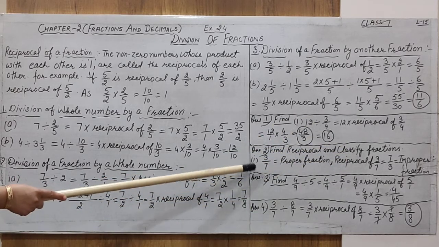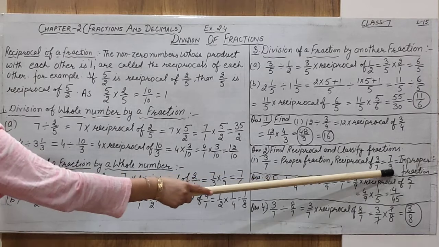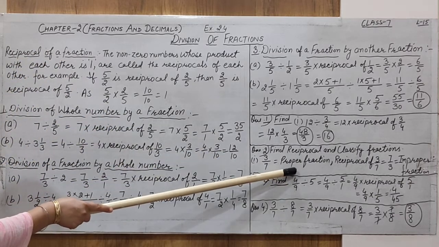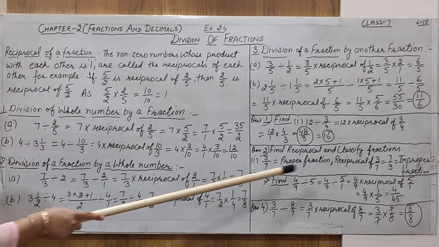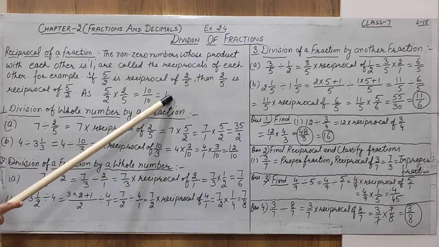Now, we can also prove that 3 by 7 and 7 by 3 are reciprocals of each other with the help of this property of fractions. We can represent 3 by 7 multiplied with 7 by 3, and the result is 1.